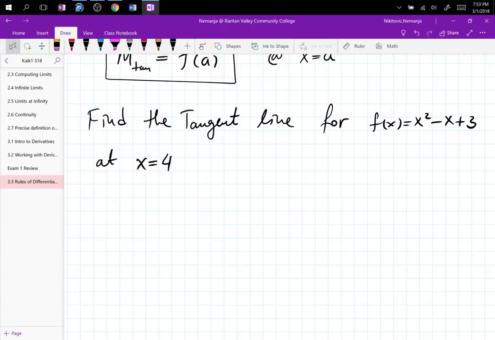Well, first of all, from here, I see that a is 4, because this is the point at which I am going to look for the tangent line. So that slope and everything else. All right, to find the slope, so to get m, I need f prime of x first. So this is in the solution. Okay, so what's f prime?